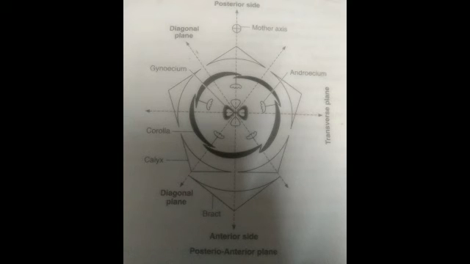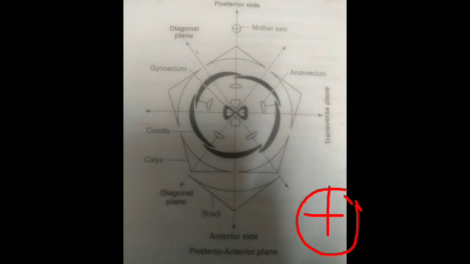And floral diagram is an illustration of a cross section of a flower. In this diagram, different features represent different parts. With the help of this diagram only, we can easily recognize which flower this is and in which family it is present.